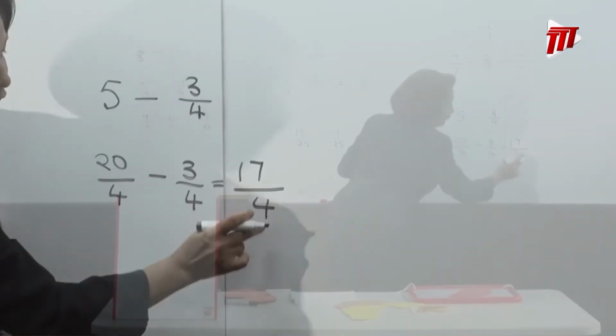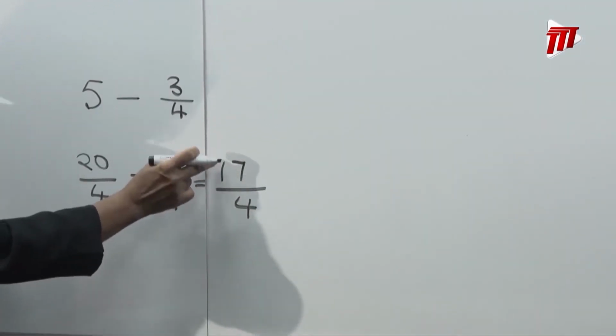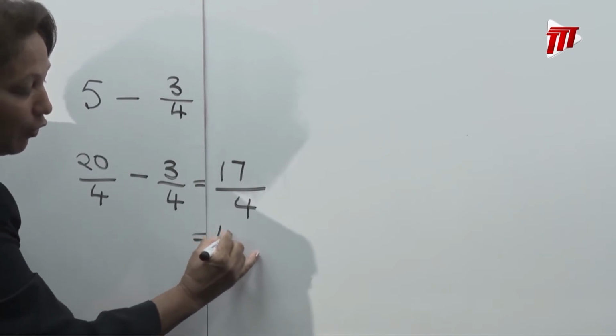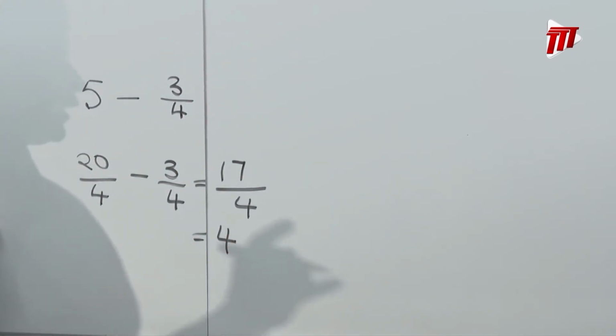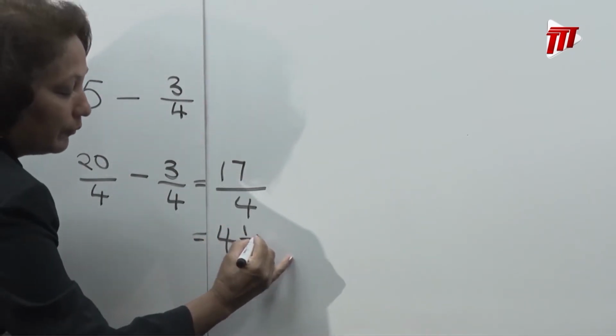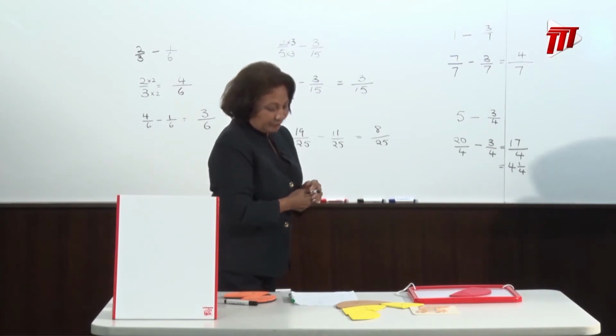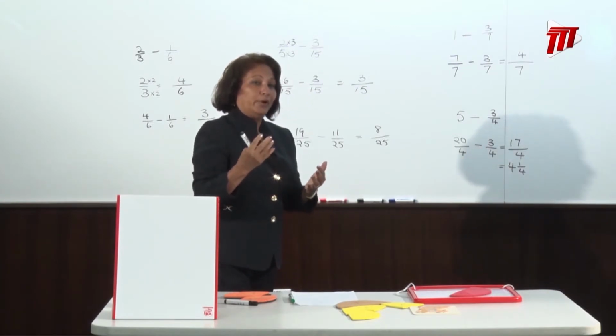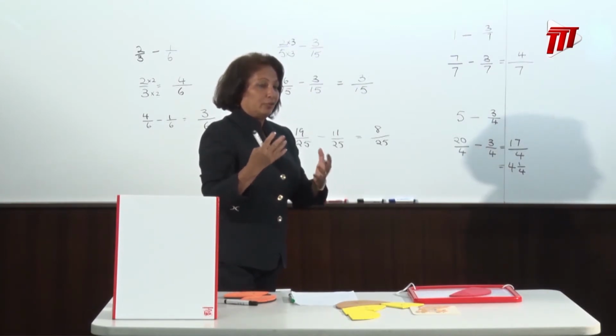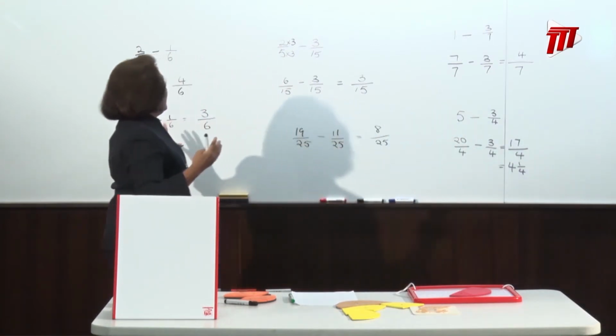We divide by 4. So 4 into 17 would give me 4, and I have 1/4 remaining. So your answer would be a mixed number. Okay? So that is how we look at subtraction when you have denominators that are different.